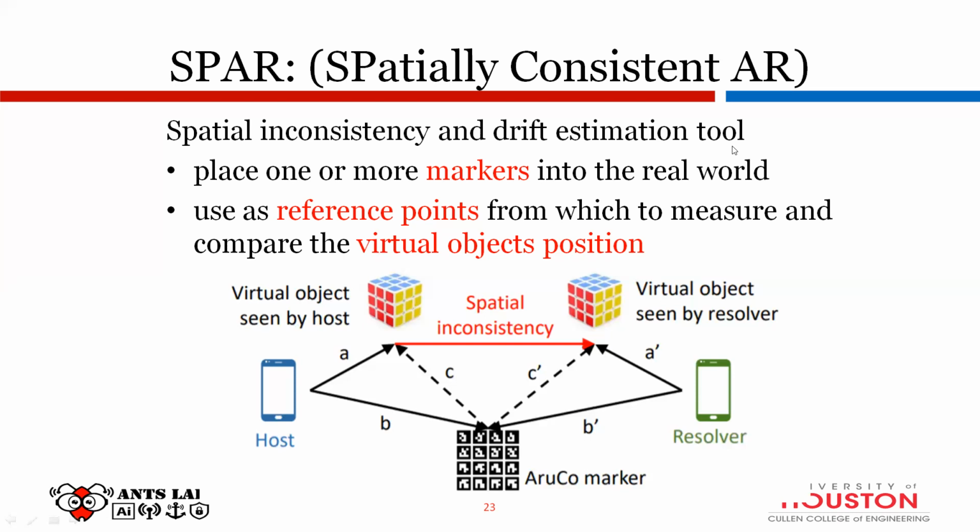As for whether getting this spatial inconsistency does anything to improve the other parts, they actually didn't say anything. So pretty much they just provide this kind of tool. If later on you have other AR approaches you want to compute, they provide this way to do so, instead of just relying on manual human eyes.